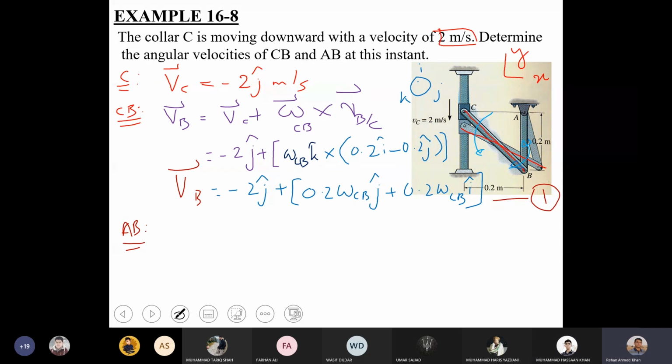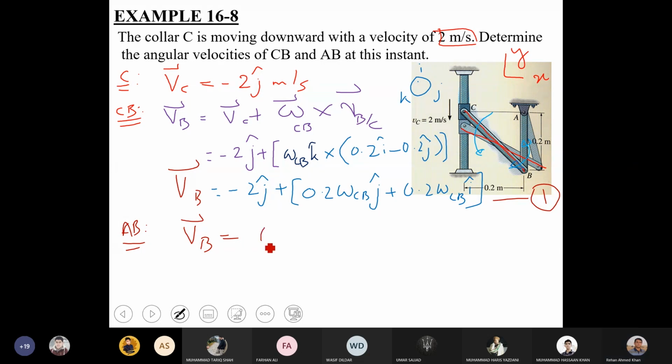Link AB is under rotational motion about point A. So for rotational motion, if I ask you to consider link AB and write the velocity VB, what will VB be in the case of rotation? r omega. Tell me in vector form.